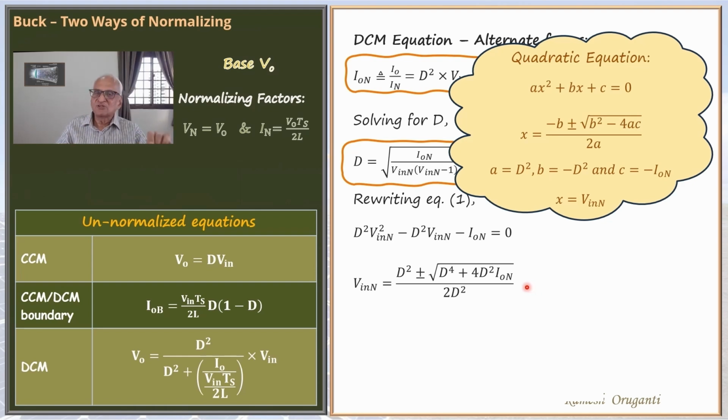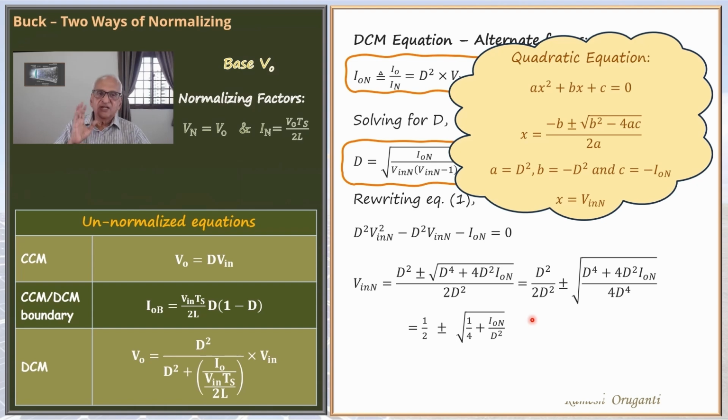Please work it out yourself and verify that this is correct. Now I can divide this part and this part by 2d square and I will get this. D square by 2d square is 1 by 2. And here I have taken 2d squared inside, so it becomes 4d power 4. So this will be half plus or minus square root of 1 by 4 plus ION by d square.